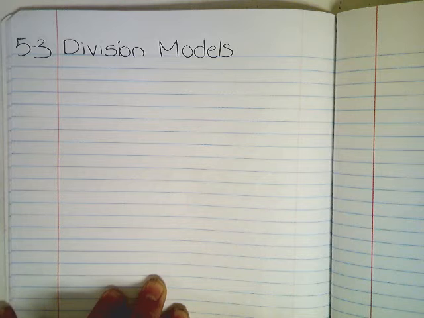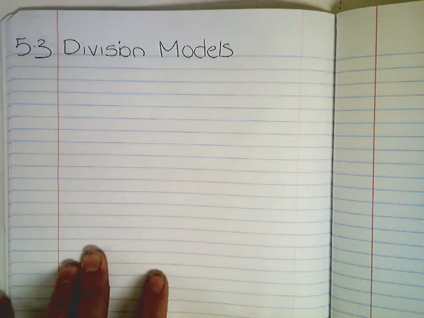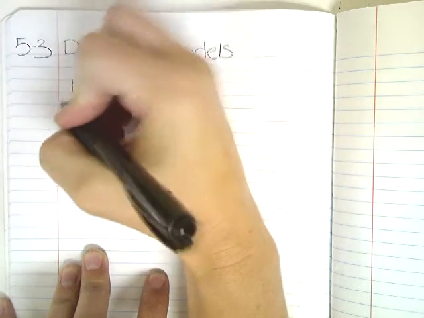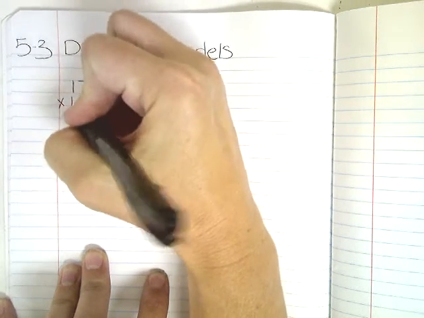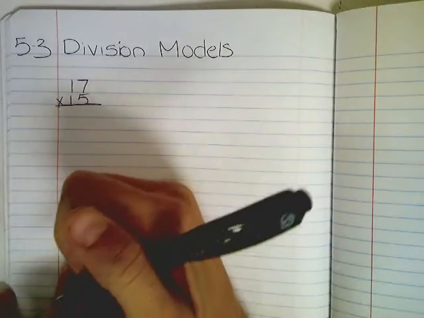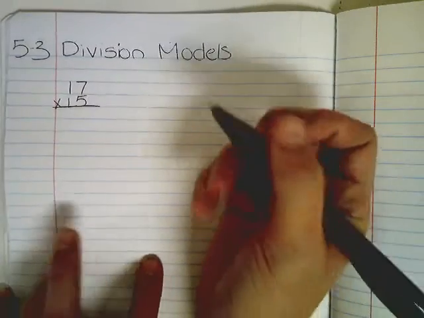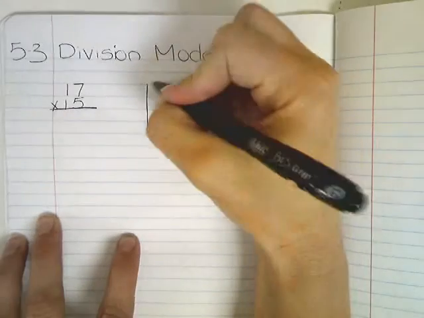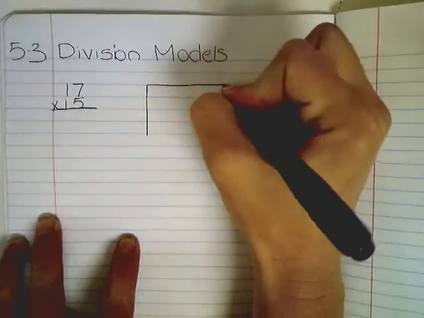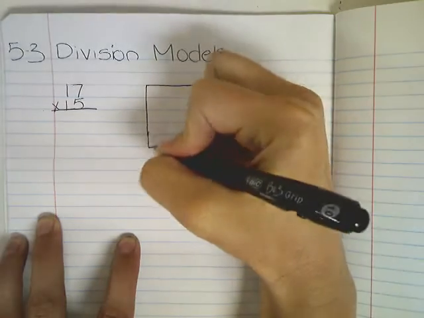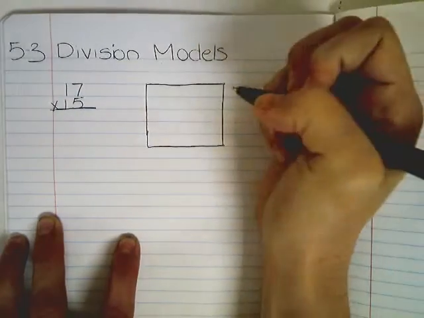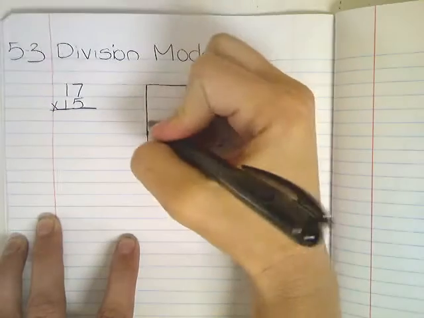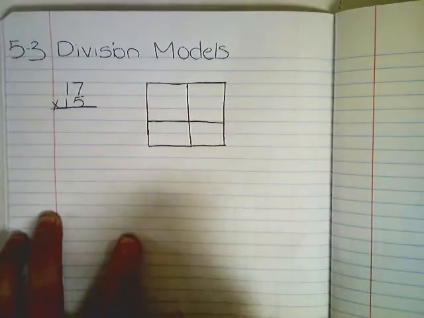So the first thing we're going to look at is an area model. Let's say we're doing 17 times 15. Some of you like to call it the box method, right? We would draw a box like this, and you're going to split your box up into 4 parts.